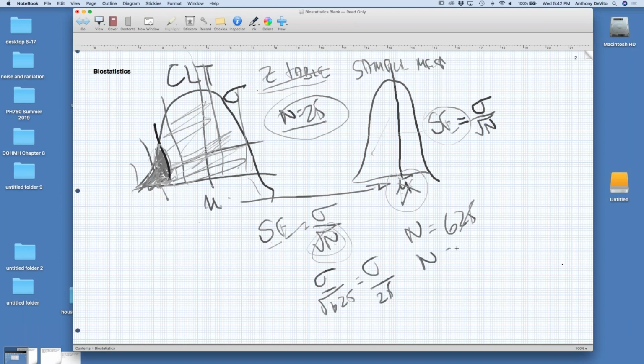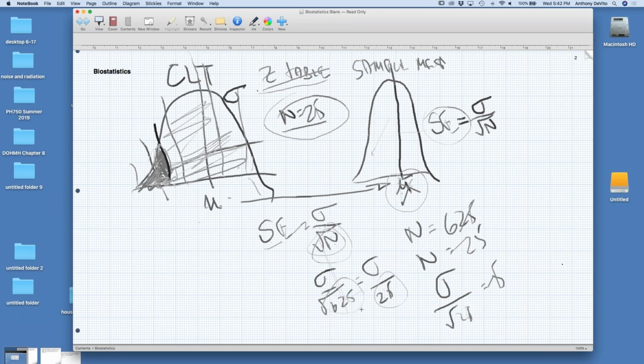On the other hand, if n is 25, then for that group, the standard deviation over the square root of 25 is equal to sigma over 5, right? So look at this interesting relationship we have here. Square root of this is 25, square root of this is 5, and so on and so forth.